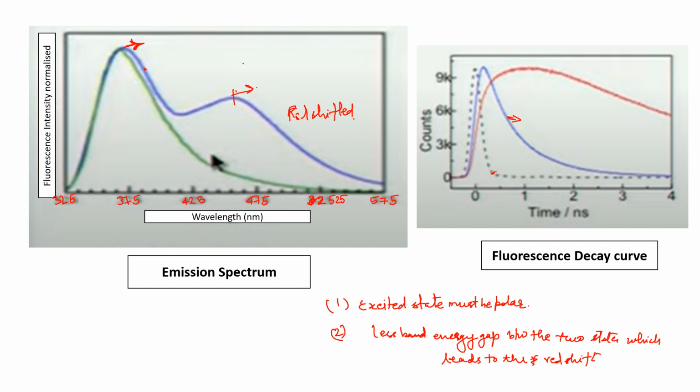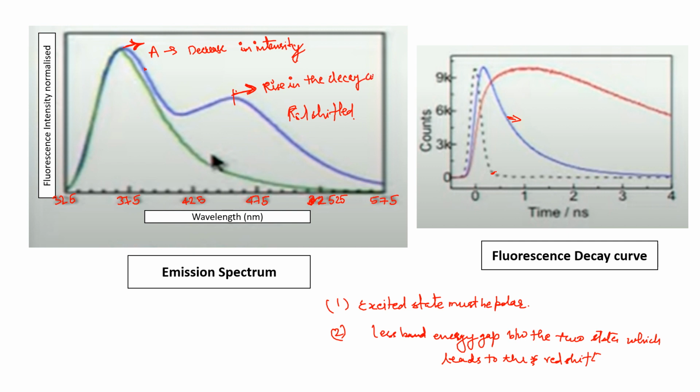Okay, so what will happen? The decay curve for this A will somewhat decrease in intensity, while the red shifted one, on the red hand side, will increase, or there will be a rise in the decay curve.